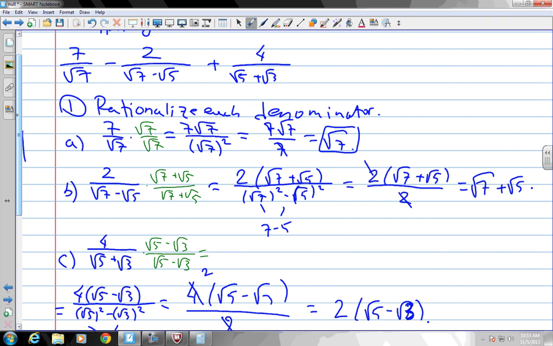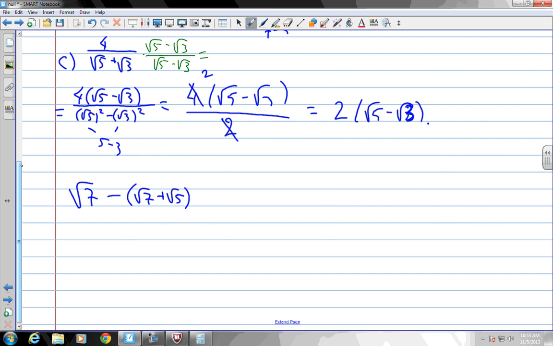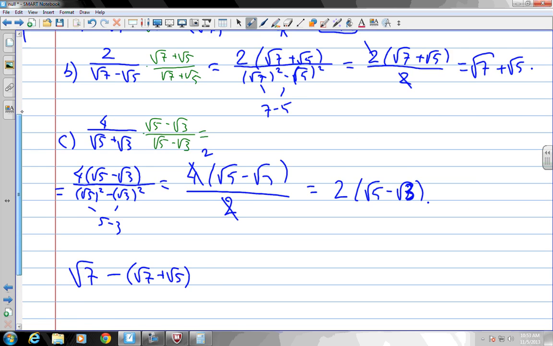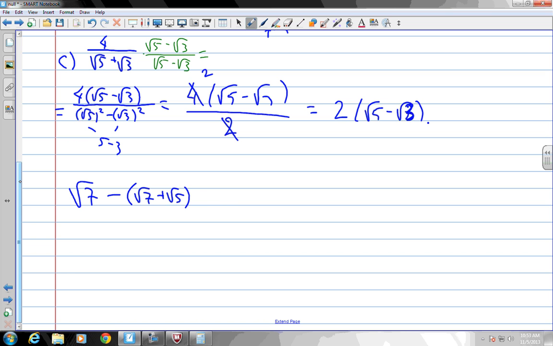Now I have to be very careful because I have to subtract that entire expression, so I want to put parentheses around it. So root 7 plus root 5 like that. That makes sure that I'm actually subtracting the entire thing. And then plus whatever's left of the third expression, which is 2 times square root of 5 minus square root of 3. Isn't that a lot easier to deal with?